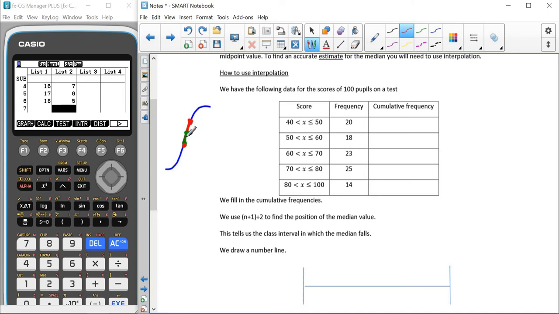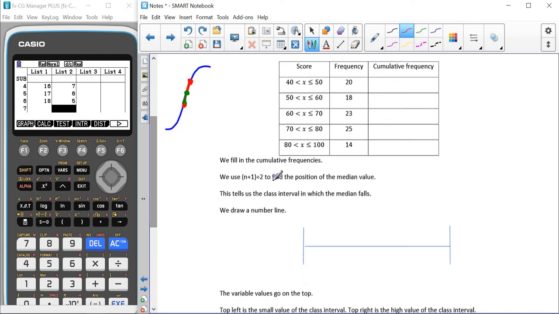So we're using the equivalent of the gradients to help us find it. You don't need to know that off by heart though, you just need to know how to work with it. Now in A-level statistics, we are always using (n+1) divided by 2 to find our median value.